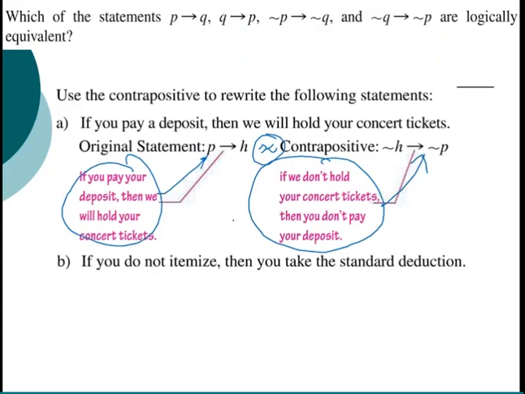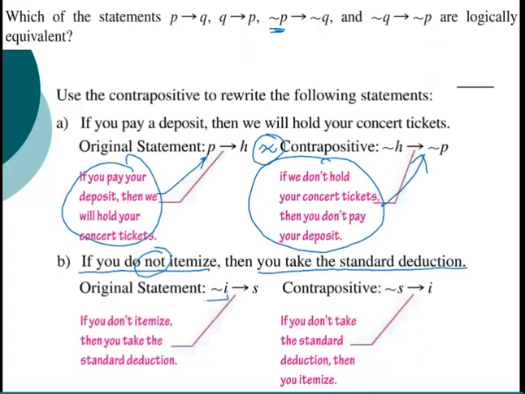Okay. So now the next one, if you do not itemize, then you will take the standard deduction. Notice the negation here. So there's a negation, which is one of our ones up top. We've got a negation here. And then you take the standard deduction. So the way that we've got this is the negation goes to the S. So if you do not itemize, then the S is our standard deduction.